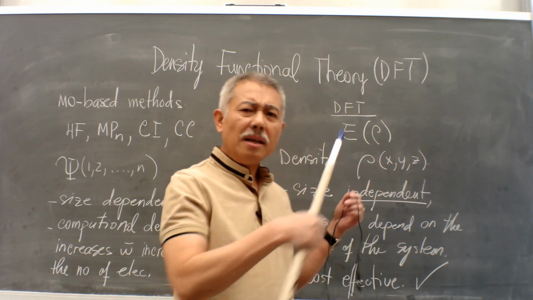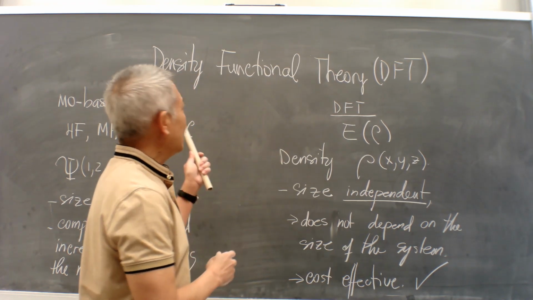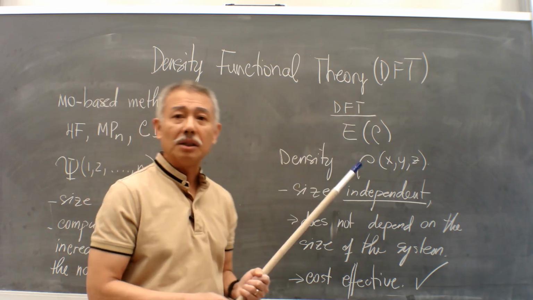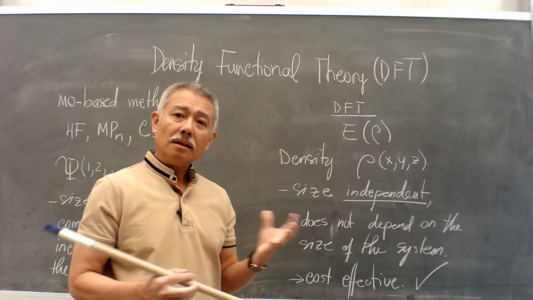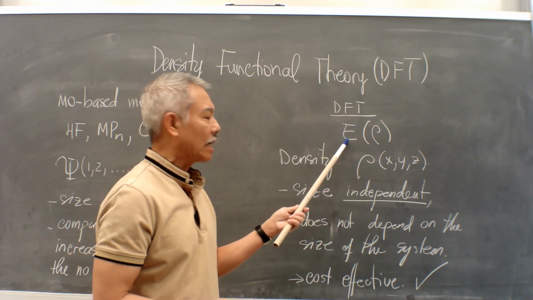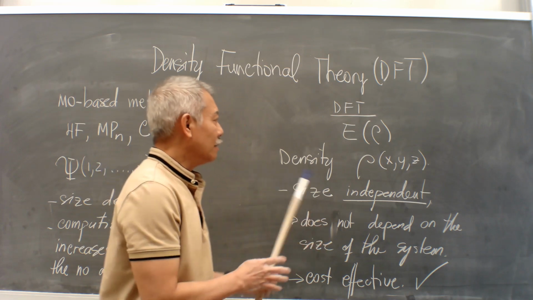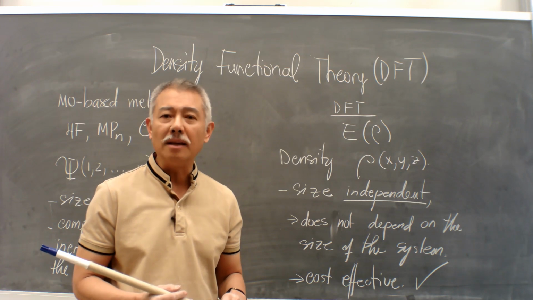In a completely different approach, we call it density functional theory, or for short, DFT. The philosophy is that we can express the energy as a function of density, and the density depends only on the x, y, z coordinates in space.